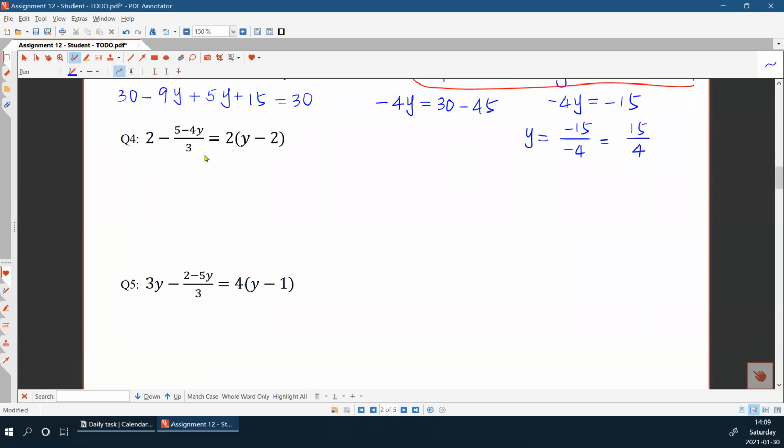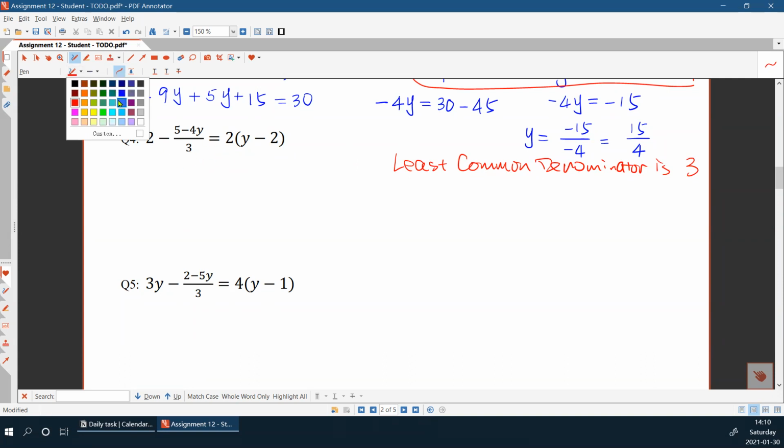Okay, for the next question, again, as I said, we usually don't like ratios. So note here the least common denominator is 3, right? Because 3 is the only denominator.